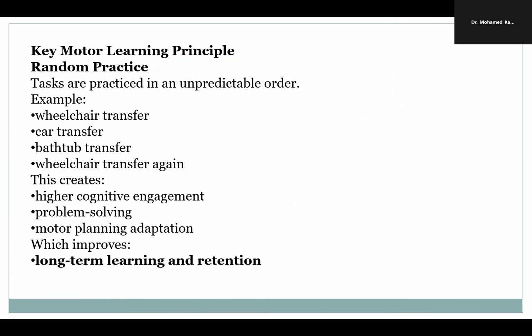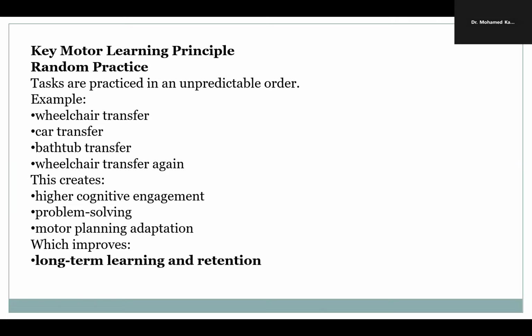So in random practice, we are actually practicing tasks in unpredictable order. So there is no preset order or predictable order. It is unpredictable order. Example: bathtub, wheelchair transfer, car transfer, bathtub transfer, then wheelchair transfer again, and so on.